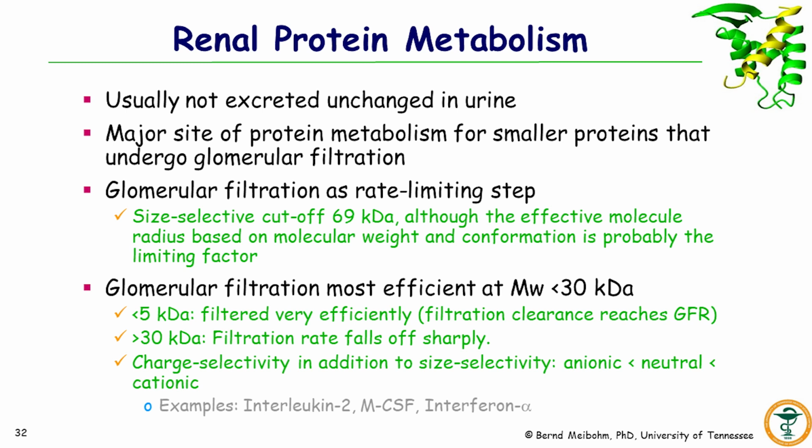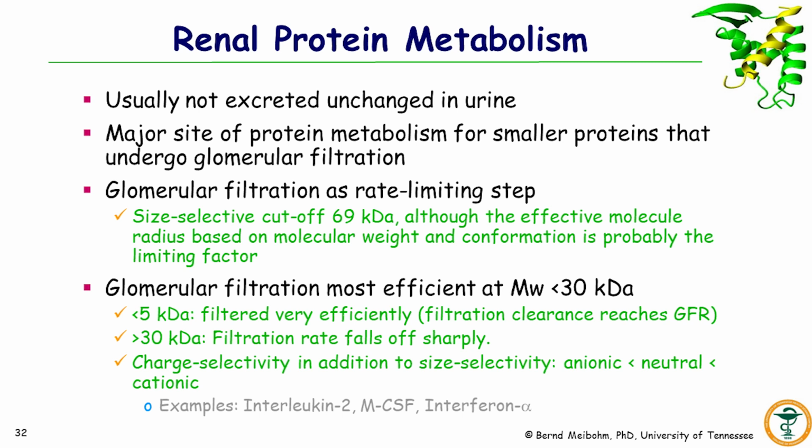So the kidneys, however, can be a major site of protein metabolism for smaller proteins that undergo glomerular filtration. Now, glomerular filtration is a rate-limiting step, and there's a size-selective cutoff of approximately 69 kilodalton, although the effective molecular radius based on molecular weight and conformation is probably more important and the limiting factor rather than the real molecular weight for the molecule.